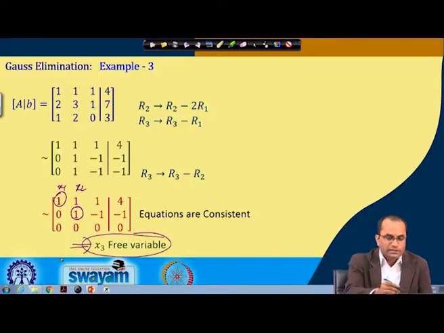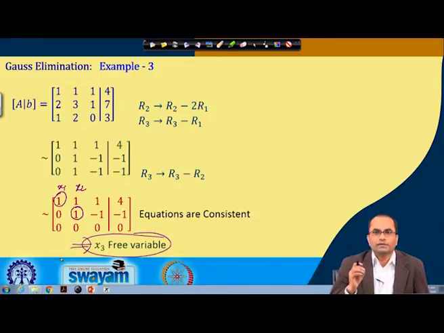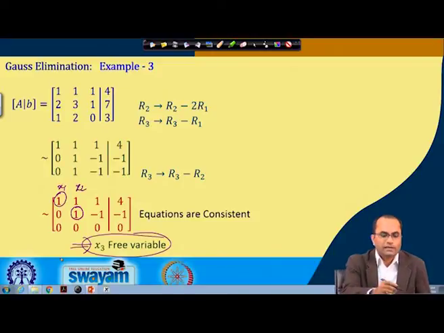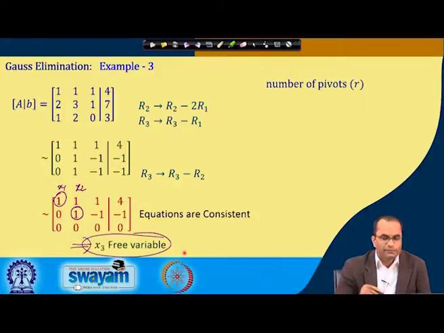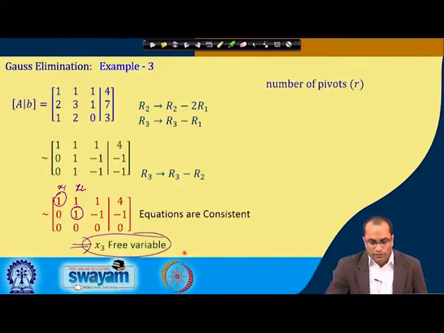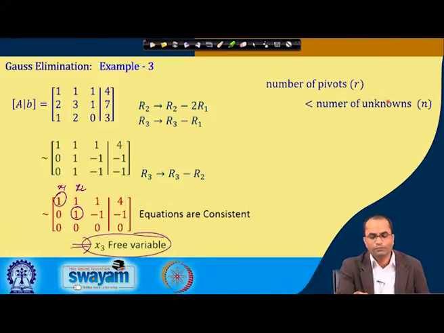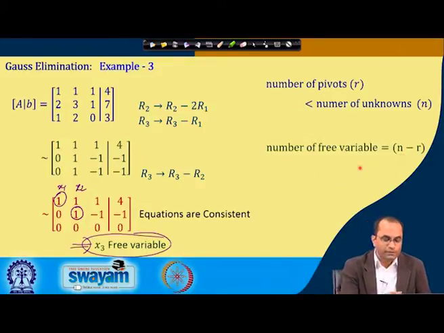So, this is exactly the point where we are entering into the discussion of infinitely many solutions, and since this is a free variable, we can choose anything we want, and that is what we will do now. So, here the number of pivots is less than the number of unknowns, because there are 2 pivots and 3 unknowns, and the number of free variables will be precisely the left-over one. Here x2 has a pivot, but x3 does not have a pivot.